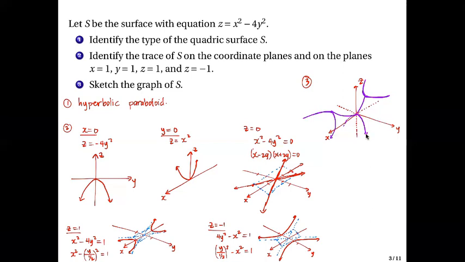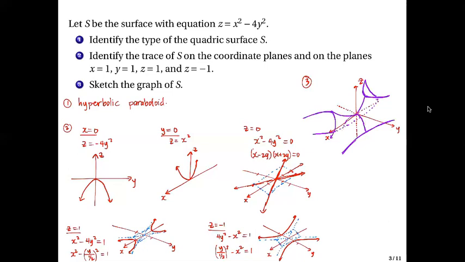So the graph will be something like this. And of course, for this part, you have something like this. If we continue drawing, we will have something like this.